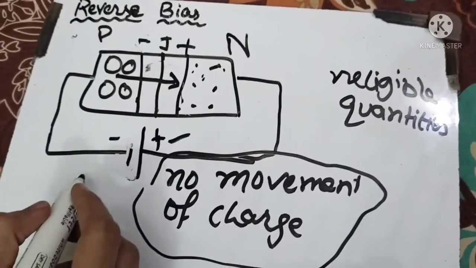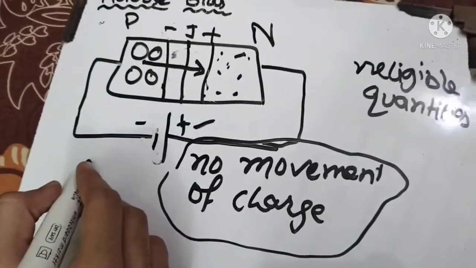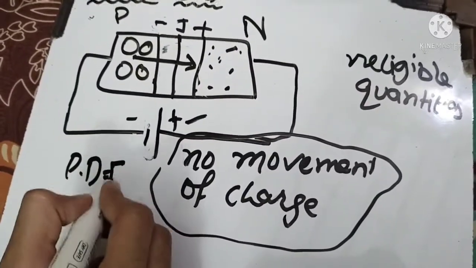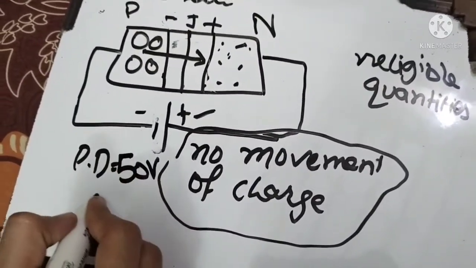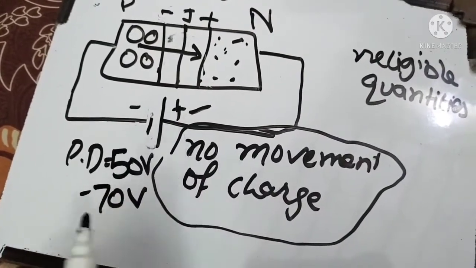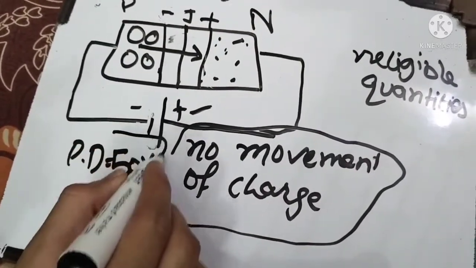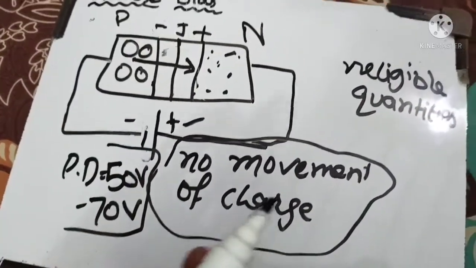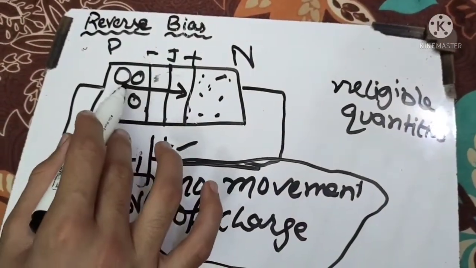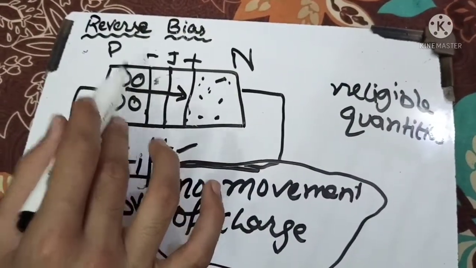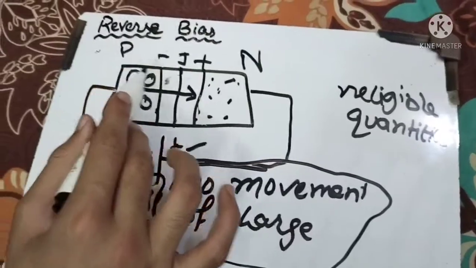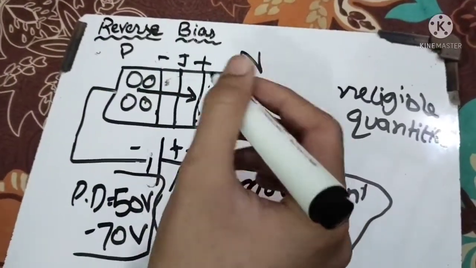If we use an external battery with a potential difference between 50 to 70 volts, which is very high, then some charges will move from the p-type semiconductor to the n-type semiconductor, as there are minority charges, free electrons, which will move from the p-type semiconductor to this positive plate. We can see that here.